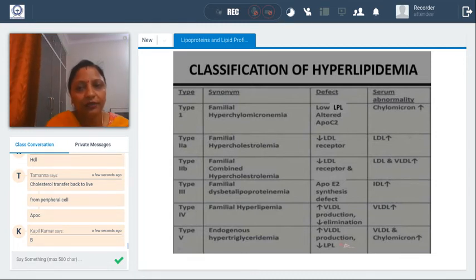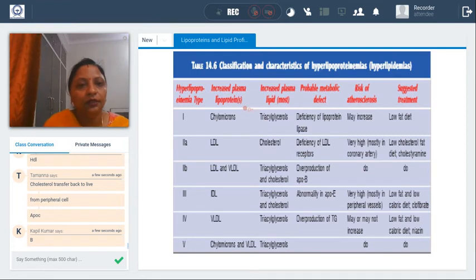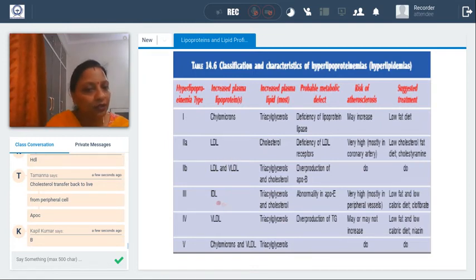And these are the defects and abnormalities. Increased plasma lipoproteins: chylomicron in type 1, LDL in 2A, LDL and VLDL in 2B, IDL in 3rd, VLDL in 4th, chylomicron and VLDL in 5th. Increased plasma lipids: mostly TG in first type, cholesterol in 2A, TG and cholesterol in 2B, TG and cholesterol in 3rd, TG in 4, TG in 5.